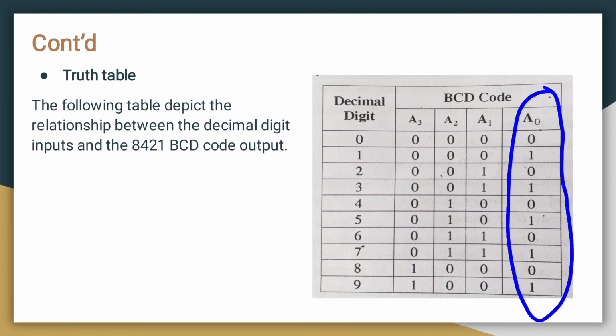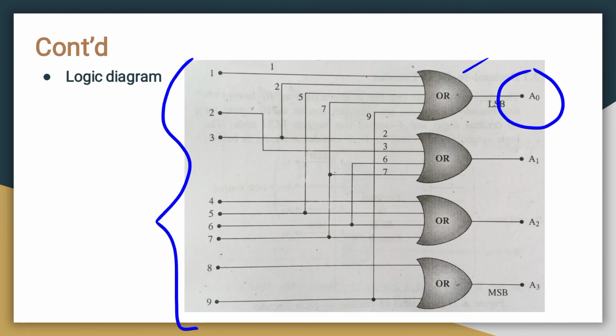Here, where are the highs we have to check. So 1, 3, 5, 7, 9. Clear? So now come back.